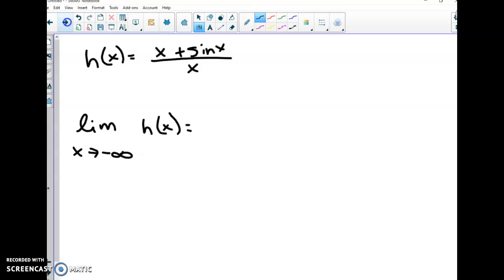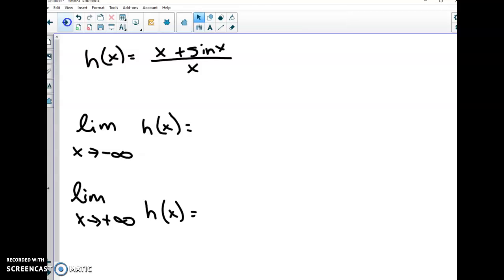And I want the limit as x is approaching negative infinity, and the limit as x is approaching positive infinity. You don't have to write the plus sign, you could just write infinity. Just giving you that direction.